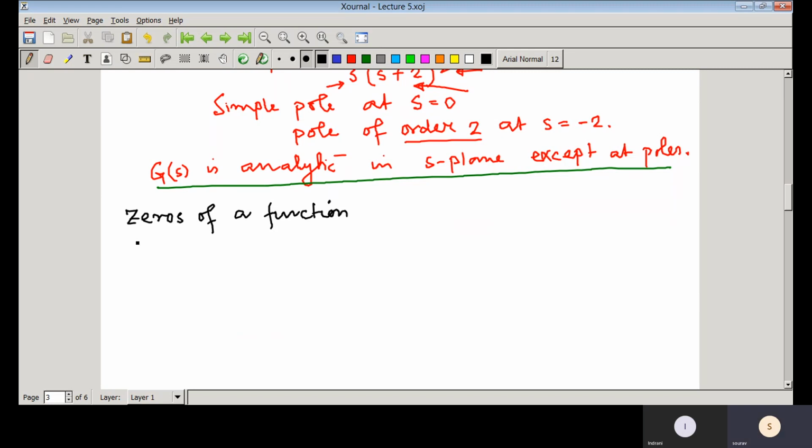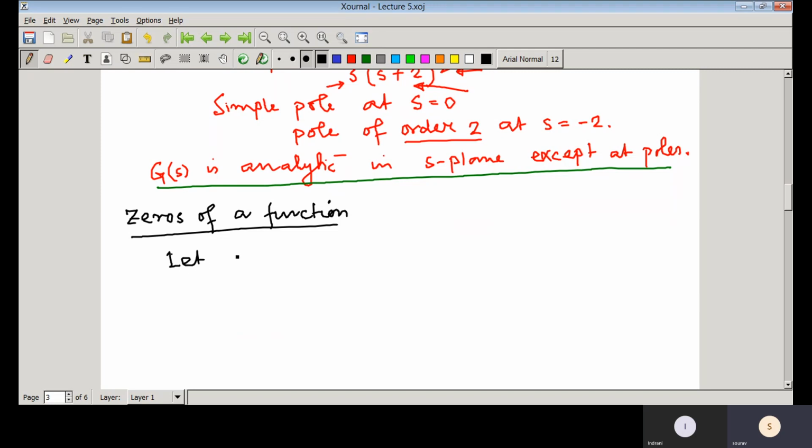So if you know these definitions, later on you would not face any problem. This is just the inverse of the definition that we have seen in case of a pole. If you take the inverse of that, it gives you the definition of zeros.